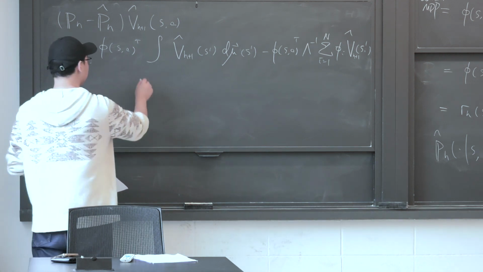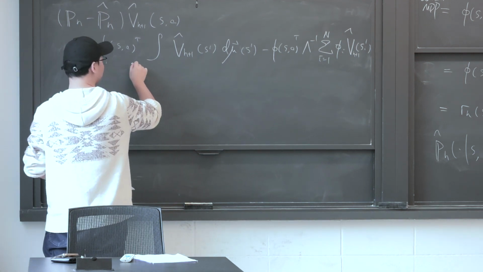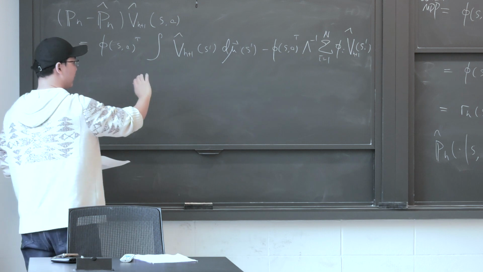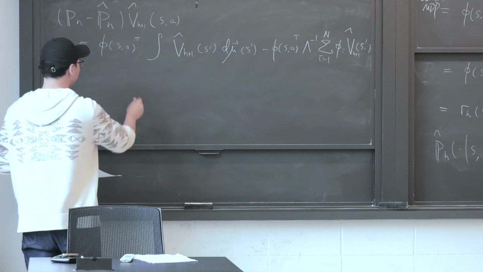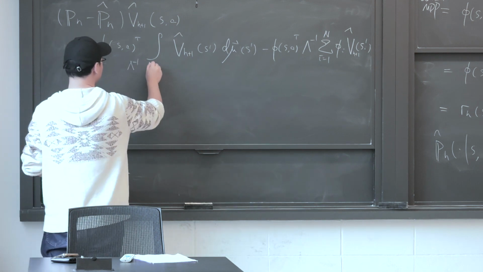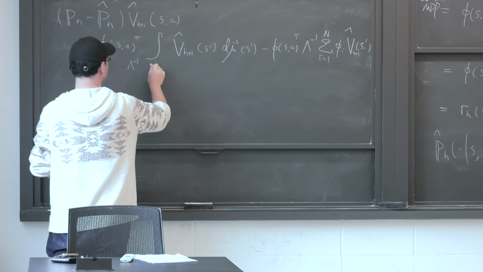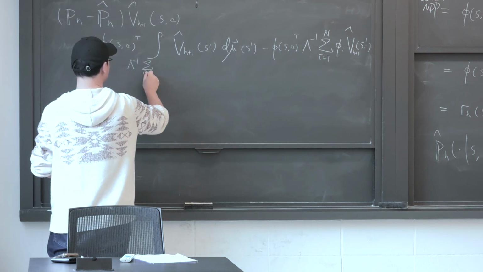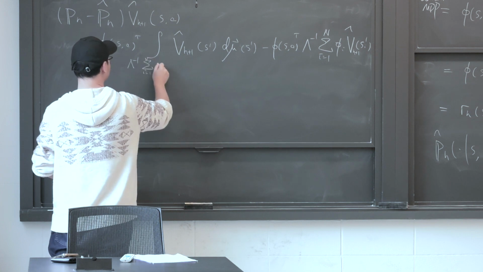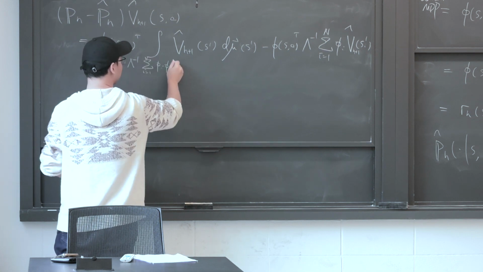What we can do here is add a lambda inverse, so that we can make a difference between two terms. We add a lambda inverse and times the lambda here, because this is equal to identity. We know lambda is equal to summation I from 1 to n phi I phi I transpose.